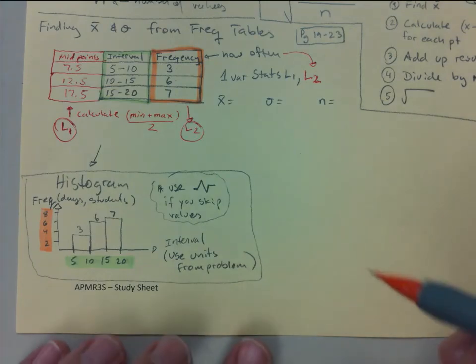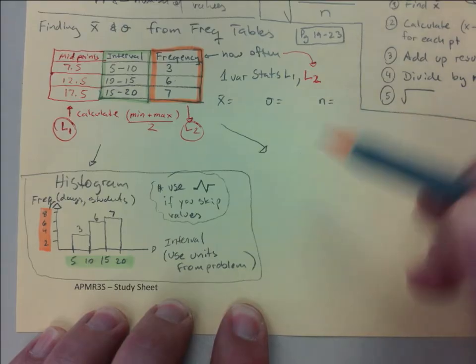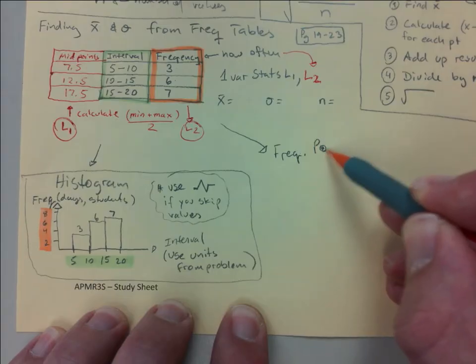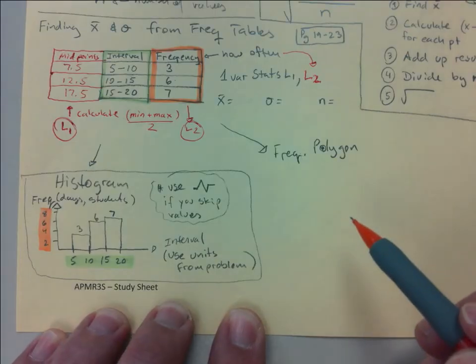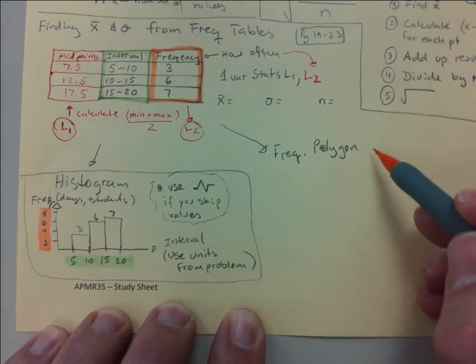Okay? Then from here, we're going to go to frequency polygon. I'm using way too much space, I'm telling you already, but frequency polygon: connect midpoints.